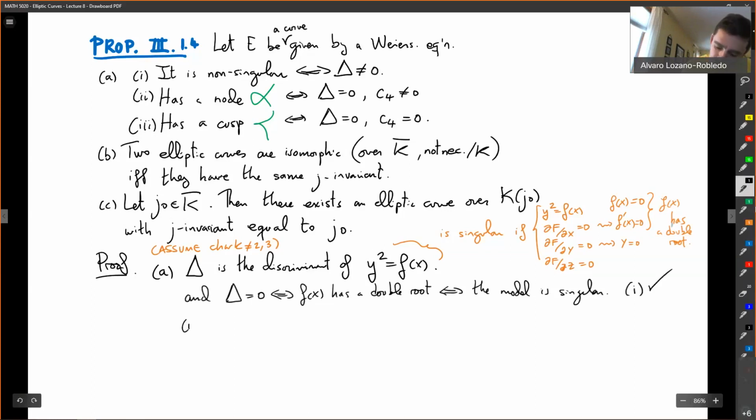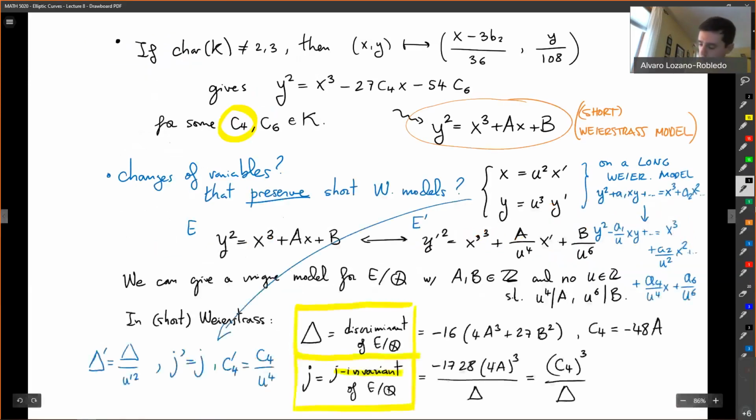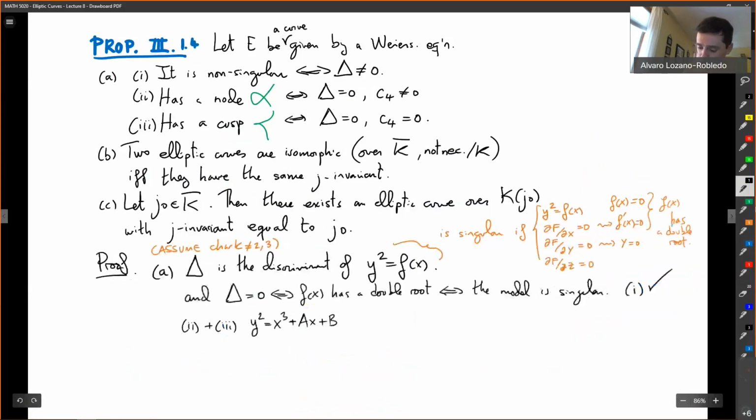For 2 and 3, notice that I bring it all the way to short Weierstrass form, which I can do since I'm assuming that the characteristic is not 2 or 3. If I have it in this form, then remember that C4 is 0 if A is 0. C4 is minus 48A in that model.